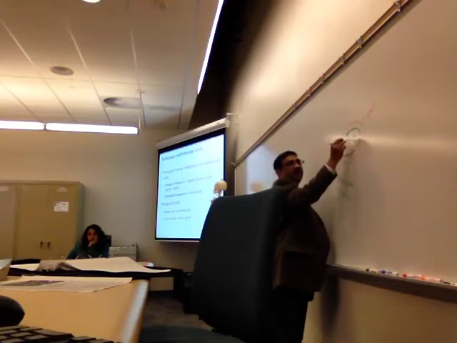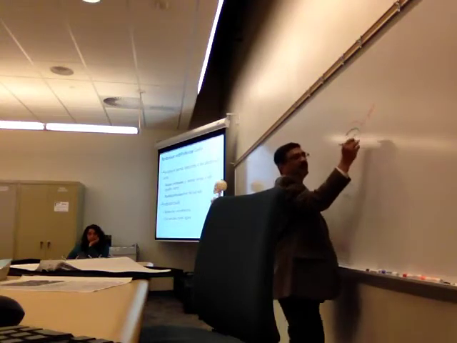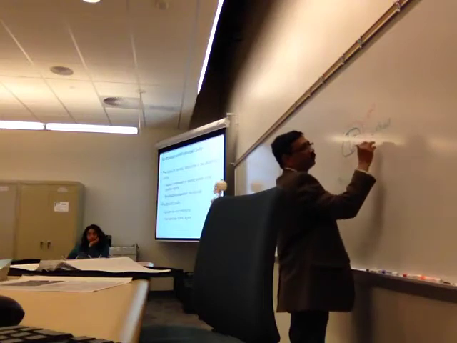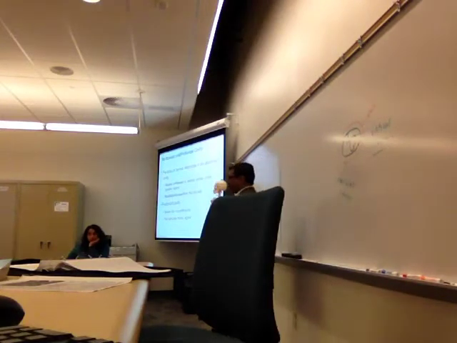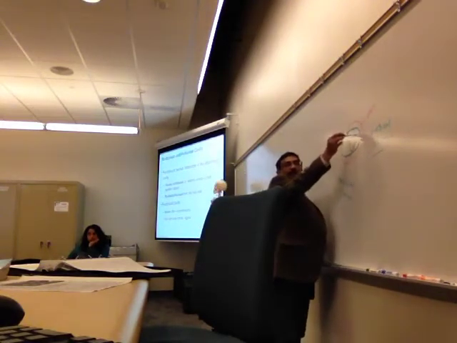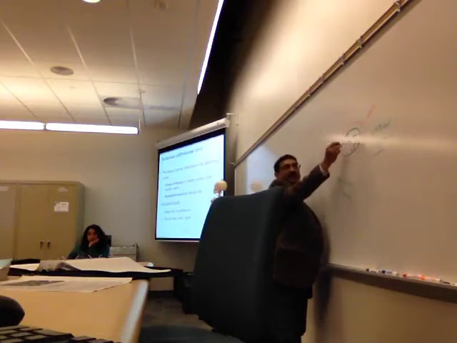Outer surface of the internal organs, digestive organs. So the one attached to the outer surface of the digestive organs, that one is called the visceral layer. Make sense?